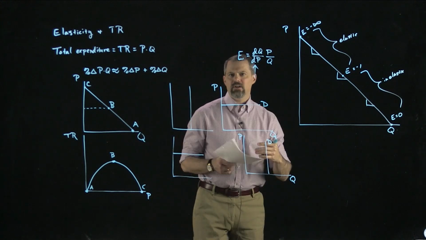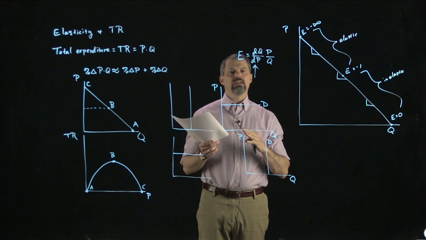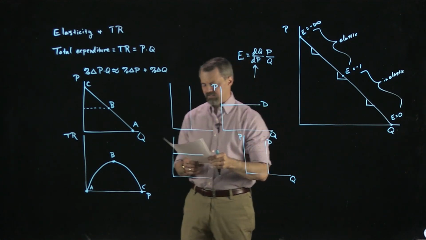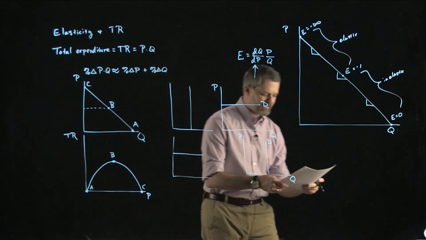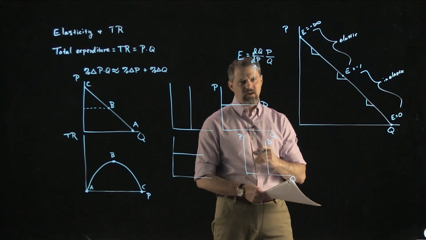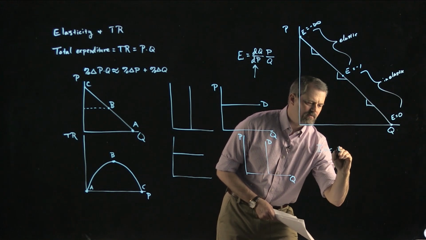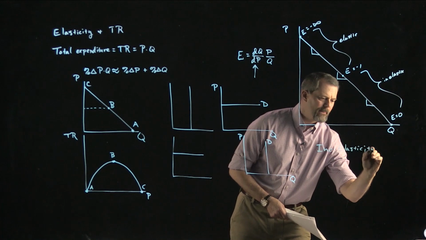The last thing we want to do is just briefly review the formulas for income elasticity of demand and cross price elasticity of demand. Income elasticity, the formula is nice and simple.